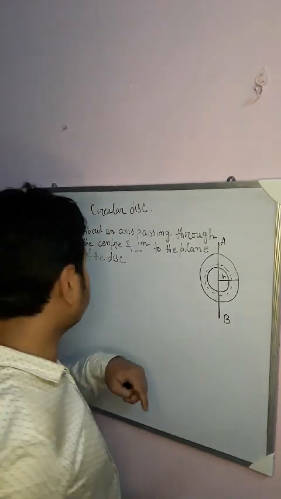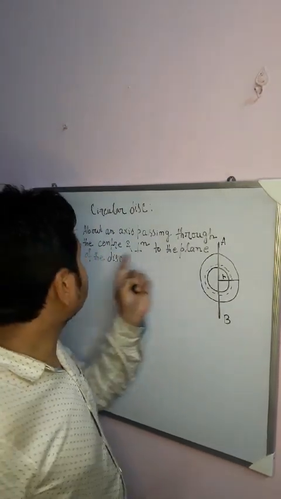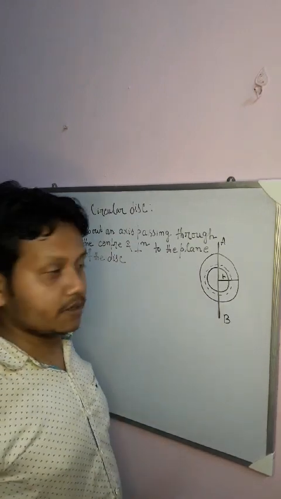So the axis is this: about an axis passing through the center and perpendicular to the plane of the disc.